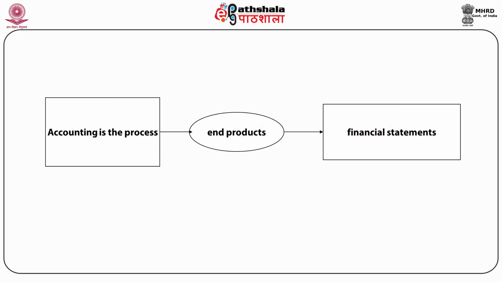The present figure shows that accounting is the process, and the end product of this process is financial statements. Various steps in this process are passing journal entries or recording, then classifying, that means preparing ledger accounts, and summarizing.